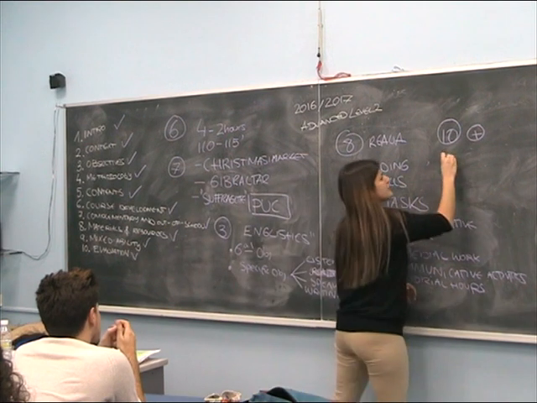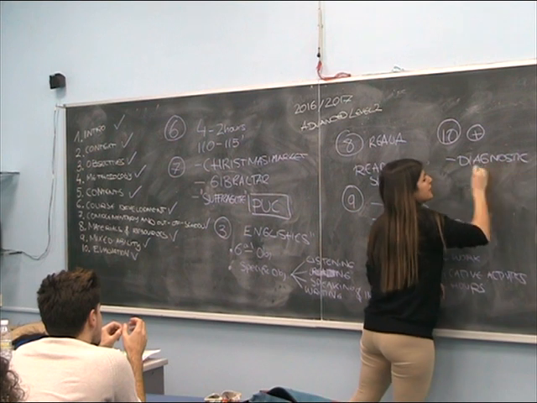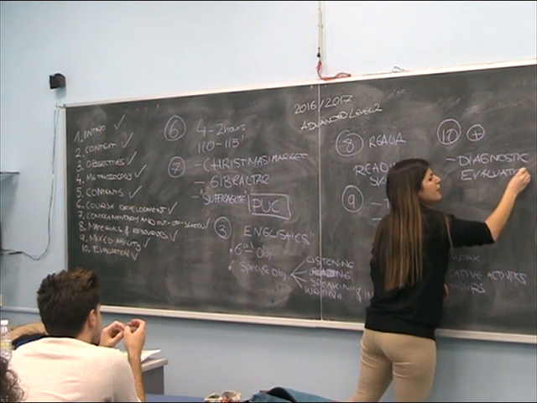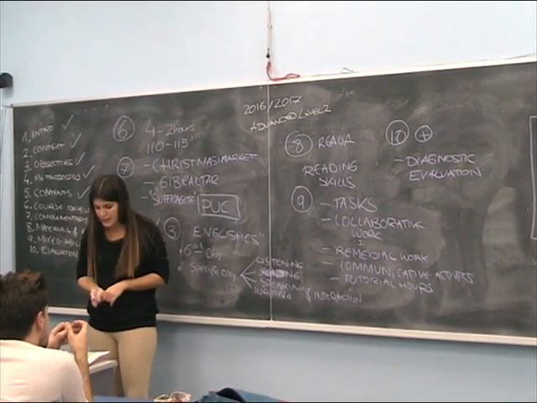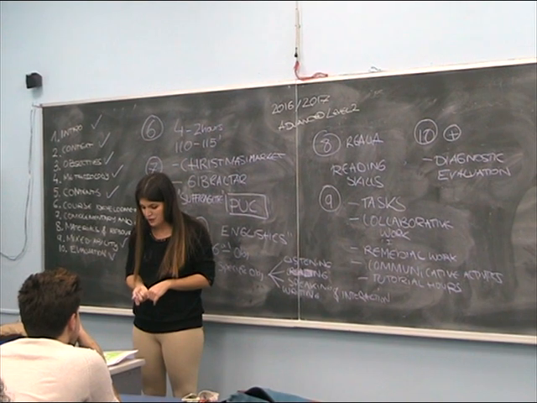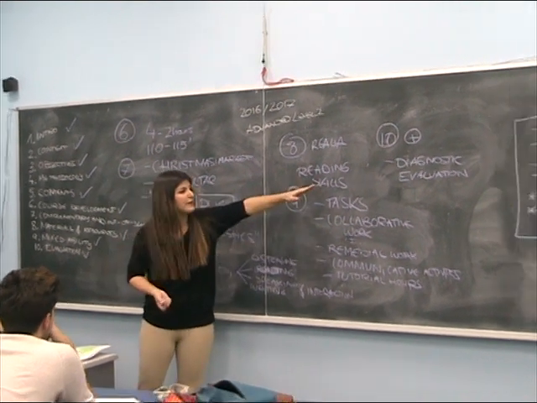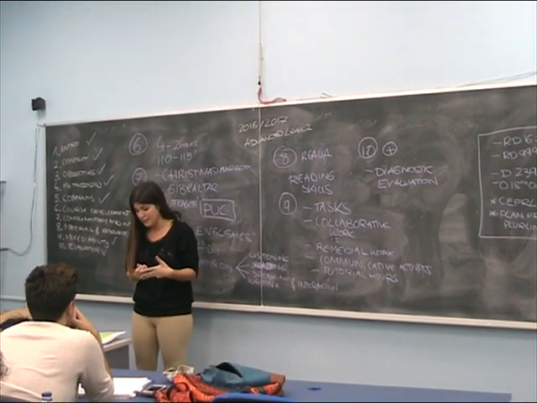We want to highlight diagnostic evaluation, which will be carried out during the first month of the year. Therefore, it will begin on the 15th of September. This diagnostic evaluation will be composed of 3 different steps.